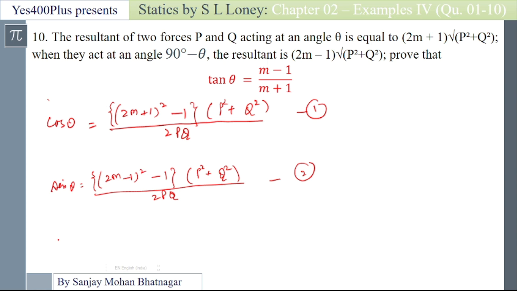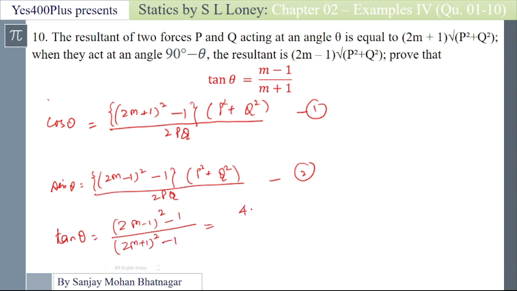Simple. So we have tan theta equal to, 2pq cancelled with 2pq, p square plus q square cancelled with p square plus q square, and we have ((2m minus 1) whole square minus 1) upon ((2m plus 1) whole square minus 1).